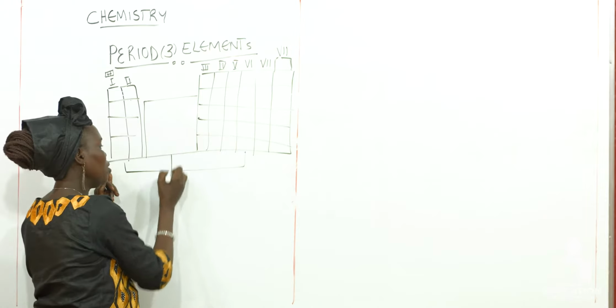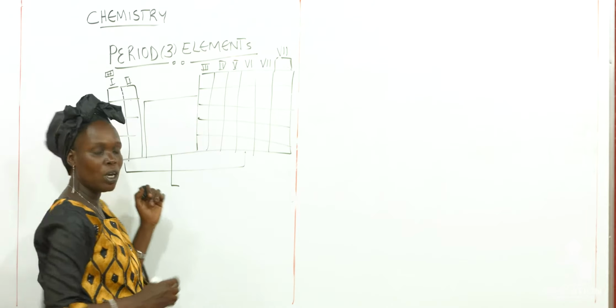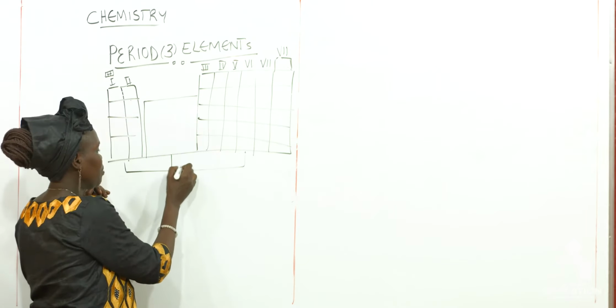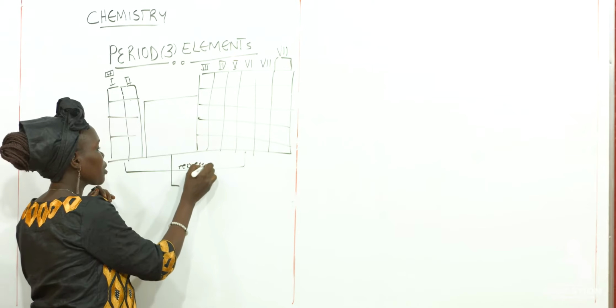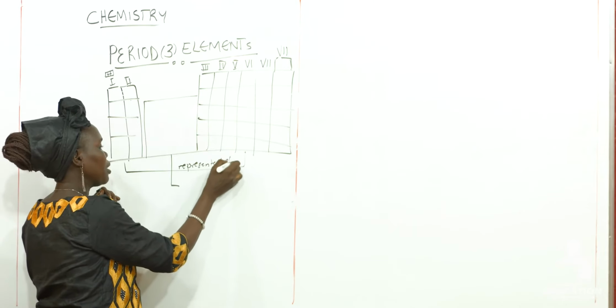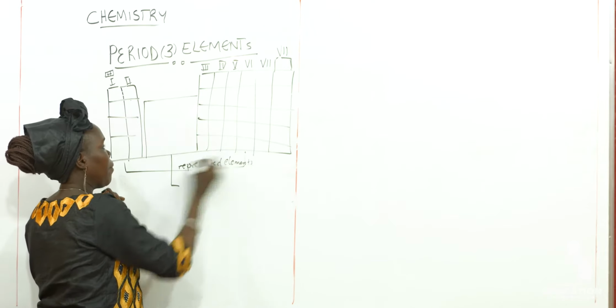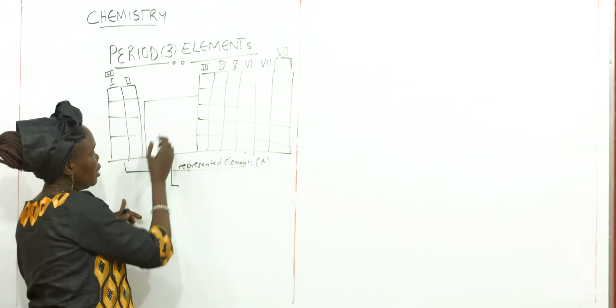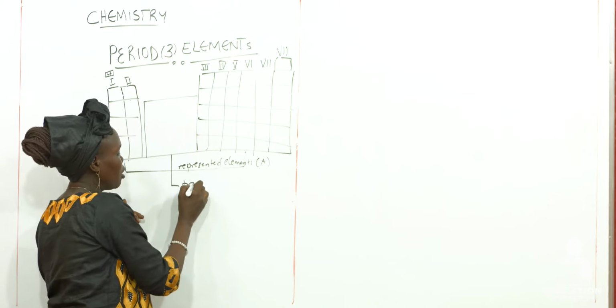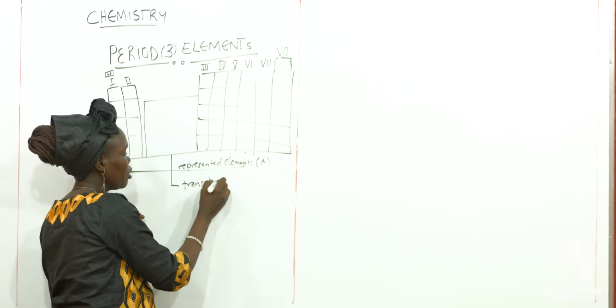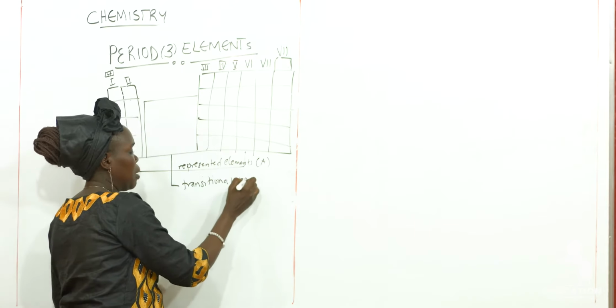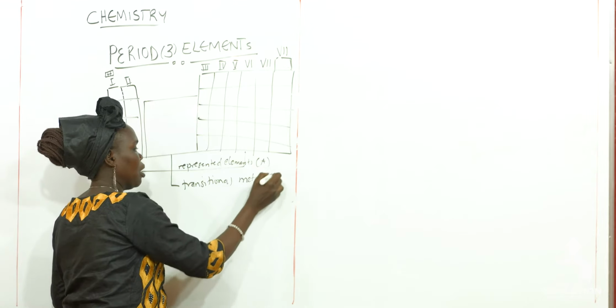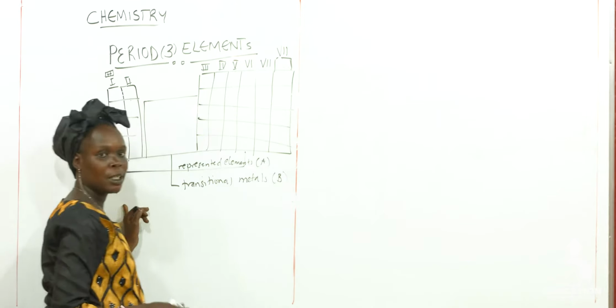They are usually represented by A, and those in the middle are known as transition metals, which you may find named as B.